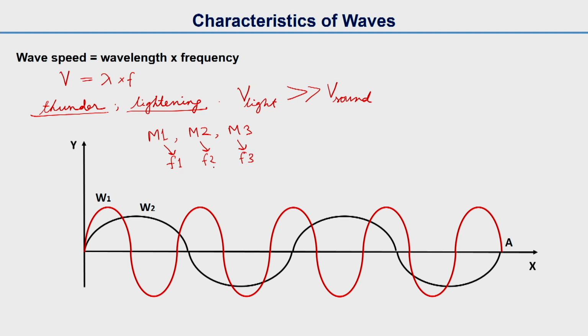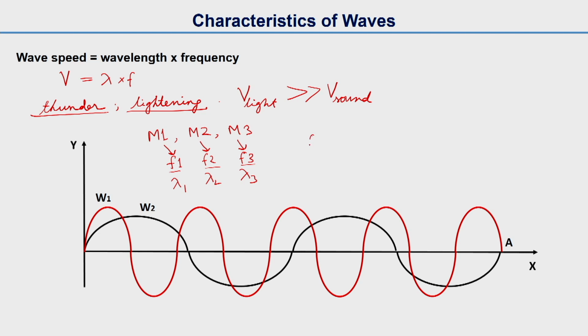So frequencies F1, F2 and F3 will be different. That is why the wavelengths should be different: the wavelengths for these frequencies are lambda 1, lambda 2 and lambda 3.